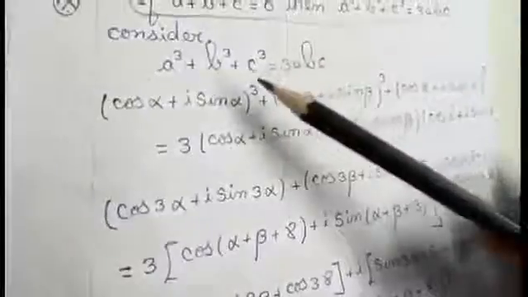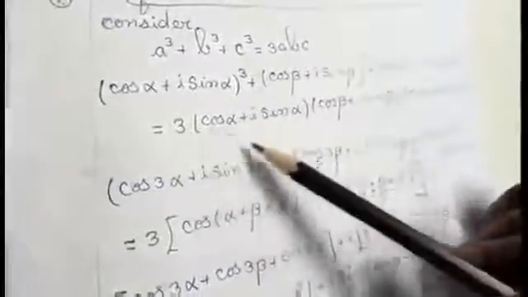First I have fixed the value for A, B and C. That is A is cos alpha plus i sin alpha, B is cos beta plus i sin beta, C is cos gamma plus i sin gamma. What I am going to do is just replace A, B, C by those complex values. That is, cos alpha plus i sin alpha the whole cube, and similarly it goes on for beta and gamma, equal to 3ABC.